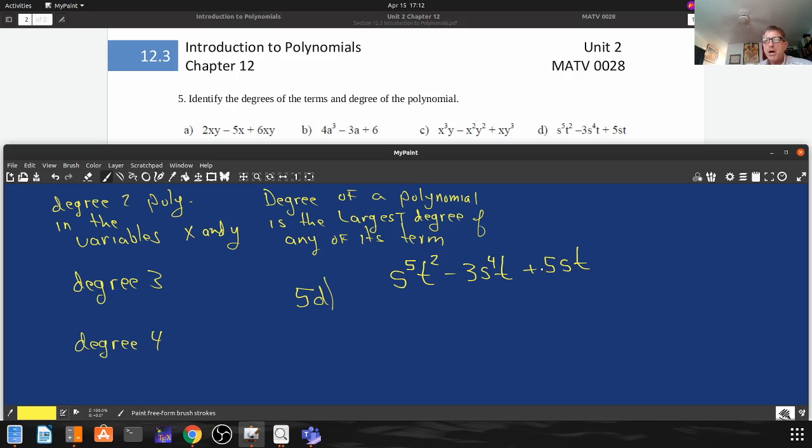So this is a polynomial in the variables s and t. The degree of the first term is 5 plus 2, which is 7. The degree of the second term is 4 plus 1, which is 5. And the degree of the last term is 1 plus 1, which is 2. So this is a degree 7 polynomial in the variables s and t.